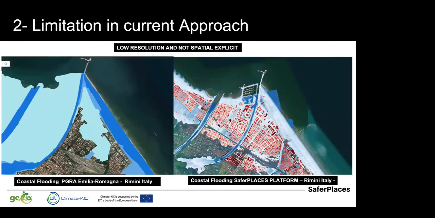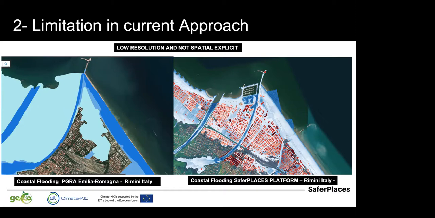And moreover, the available maps in most cities are not spatially explicit. In general, they are available at low resolution, and for example parameters like water depth or damages are represented in a few discrete classes. Here, on the left, we have the maps provided by Regione Emilia-Romagna here in Italy.